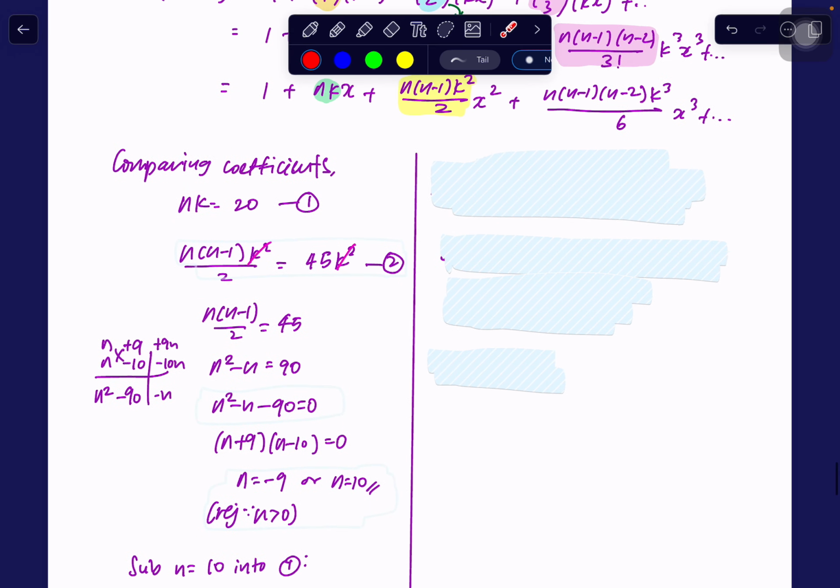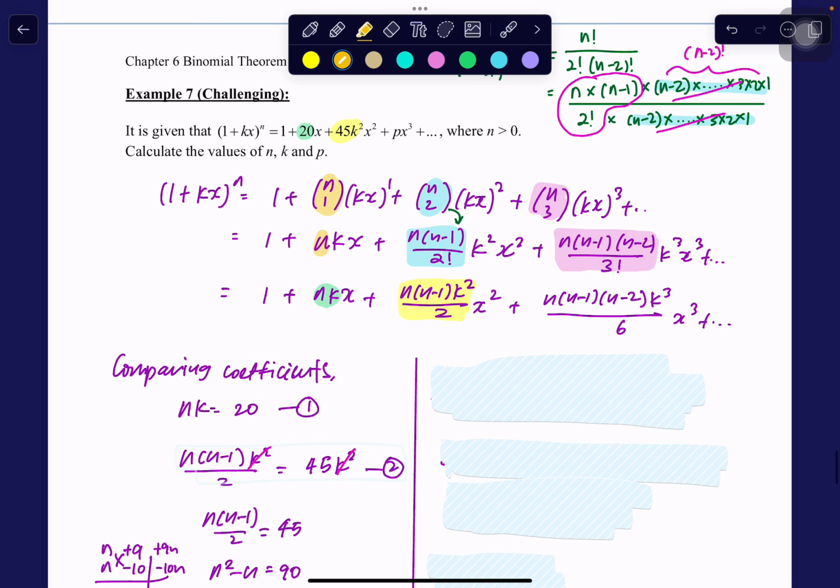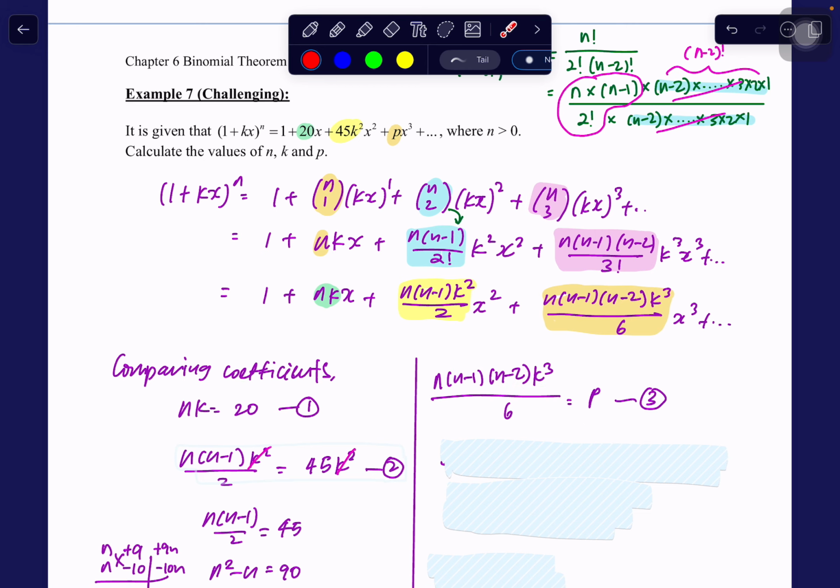Lastly, we mustn't forget about the last term, our p term. The p term, being the coefficient of x cubed, must therefore equal n times n minus 1 times n minus 2 times k cubed over 6. These two orange terms will be equal, so I say that this is equation 3.